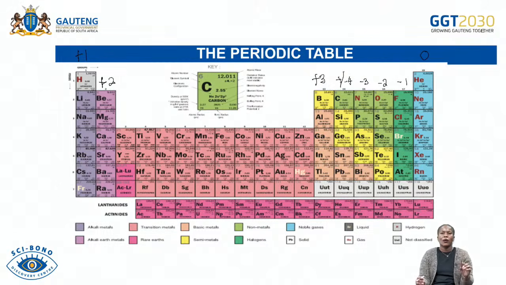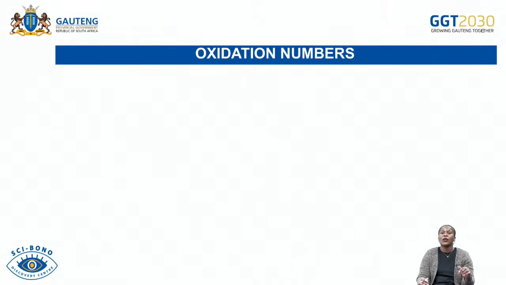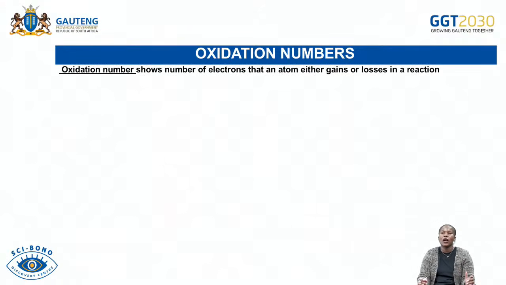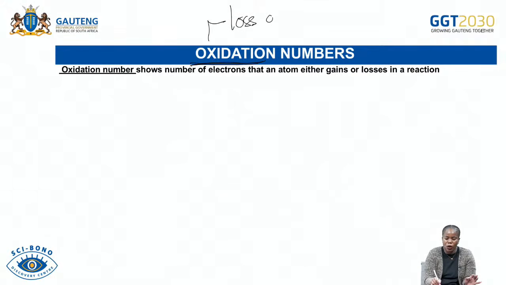All right, so now before we go any further, let's look at the rules for assigning the oxidation numbers. But before we assign these oxidation numbers, what does oxidation mean? Oxidation is the loss of electrons. So when you see the word oxidation, it means the loss of what?